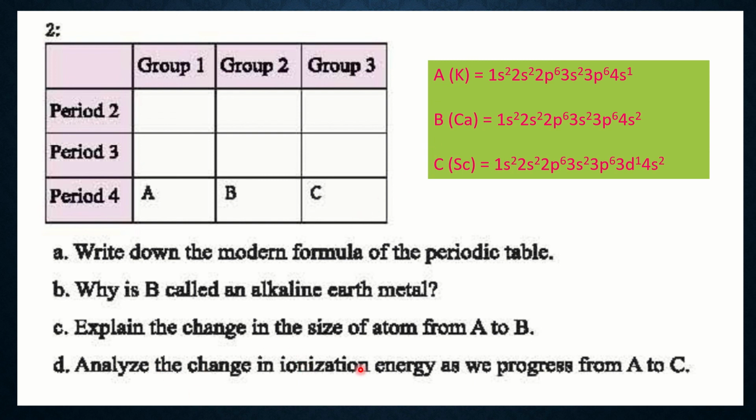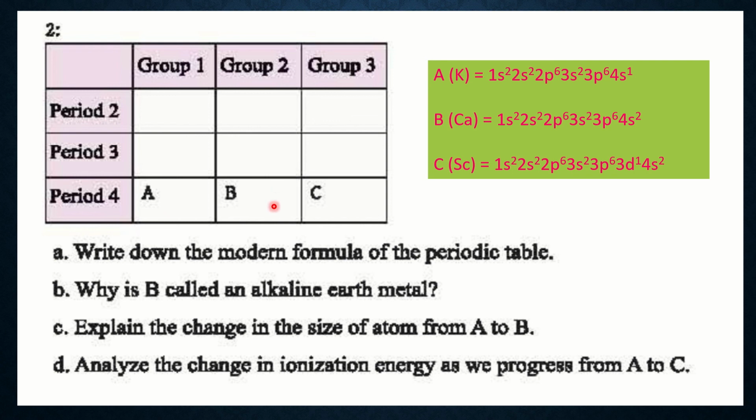Analyze the change in ionization energy as we progress from A to C. Ionization energy means the energy that is needed by an atom to release one electron from its gaseous condition to make 1 mole of uninegative ion. And from left to right, ionization energy gradually increases. Why? Because from left to right, atomic radius gradually decreases.